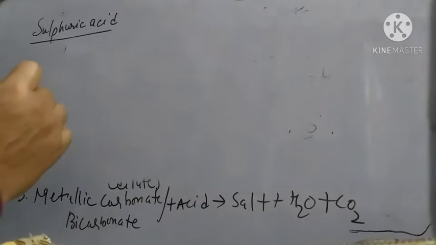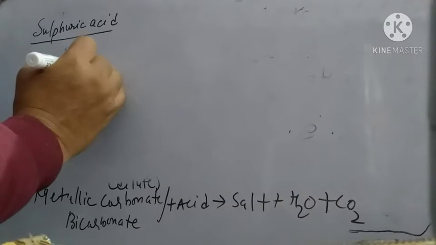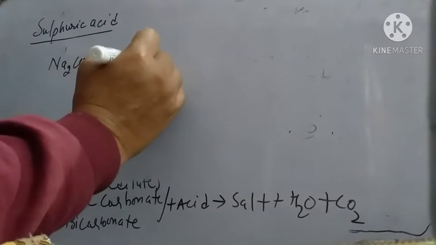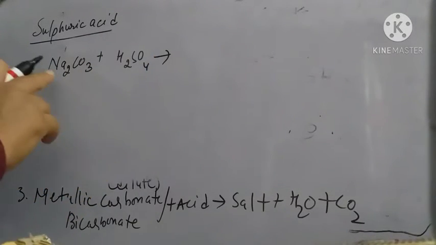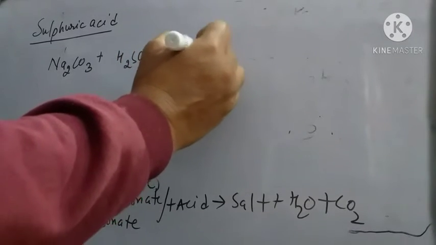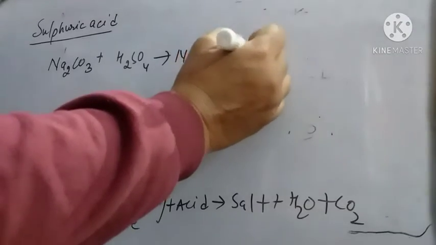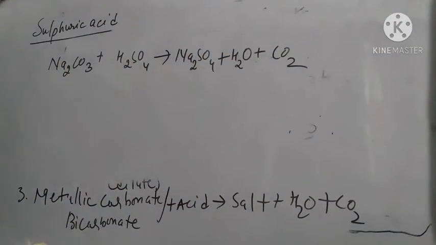If I take sodium carbonate, Na2CO3, plus dilute sulfuric acid, first the salt is formed, so sodium and sulfate will form sodium sulfate, plus water and carbon dioxide because of the presence of carbonate.